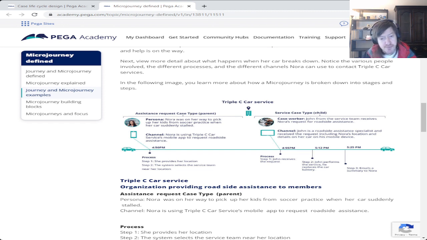If they're using channel correctly, although they didn't really state what kind of channel he's using here. Right. John is a roadside assistant specialist and received a request using Nora's location and details on her car on his mobile device.